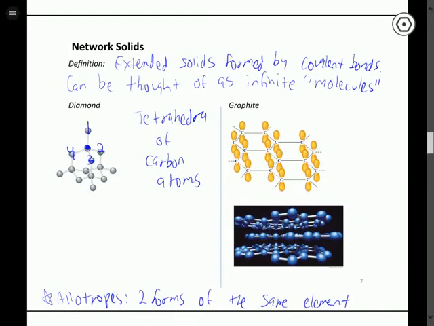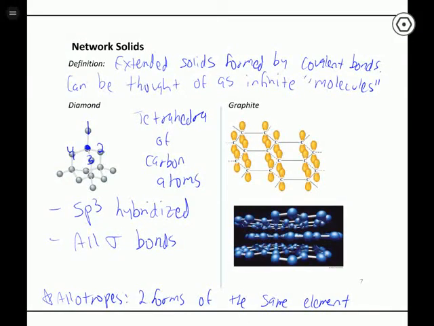So it just keeps going in all directions. But every single carbon atom has a tetrahedral arrangement. Now, as we talked about for molecular compounds, if the geometry is tetrahedral, the hybridization is sp3. And all the bonds are sigma. So that's just a quick description of the bonding for diamond.